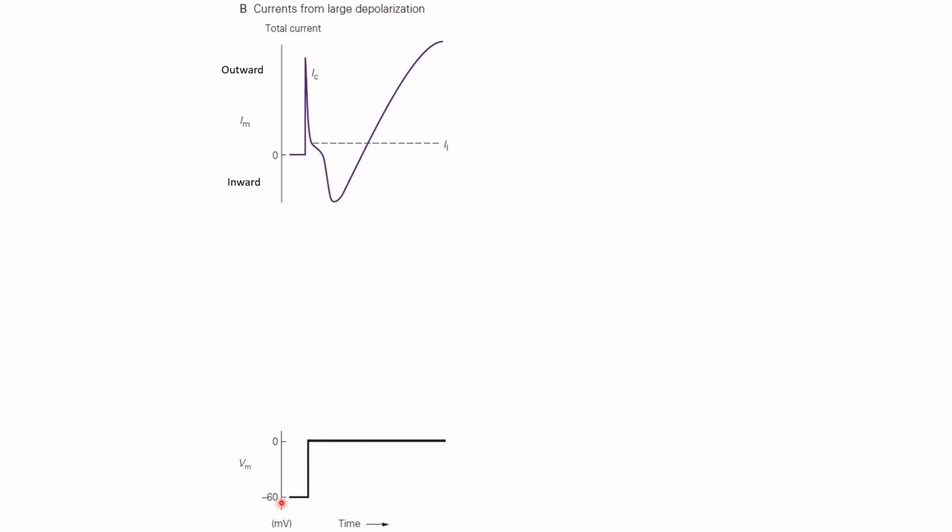Now, we already know that when the membrane potential is at the resting membrane potential, the compensatory current will be 0. And then at this transition period where it is changed from -60 to 0 millivolts, we will see a large capacitive current. And then there will be some leakage current depending on this voltage level, but that will be constant. And then we also see a downward deflection in the compensatory current, and then it becomes a positive deflection.